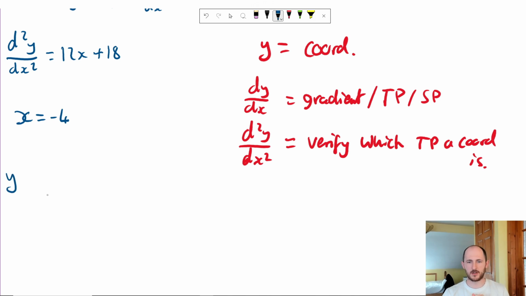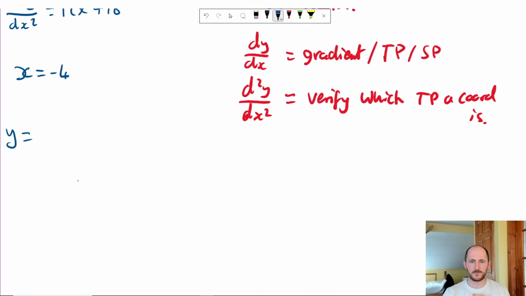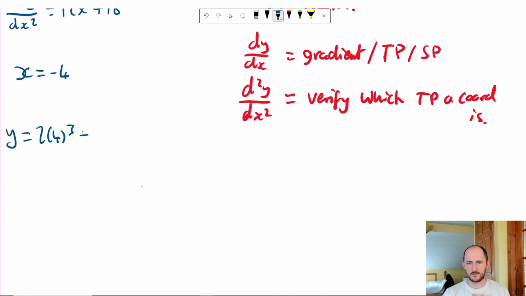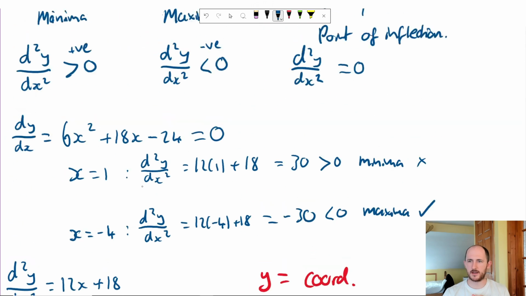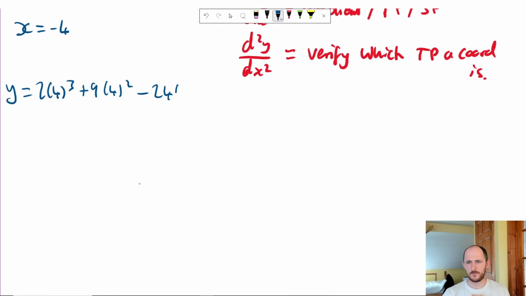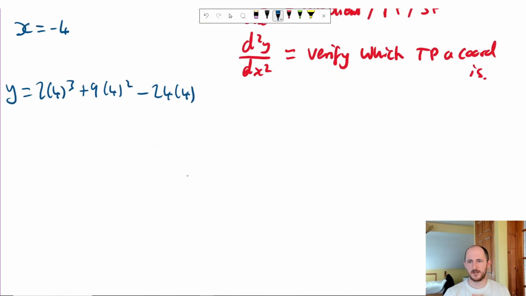So subbing into the original equation, we can get our y value. This might take a bit of time. 2 times 4 cubed, plus 9 times 4 squared. I'm just going to put it like that. I can't remember if it's minus or plus. Minus 24 times 4, plus 13. Yeah, good. Find that value, and this is going to be our y value.